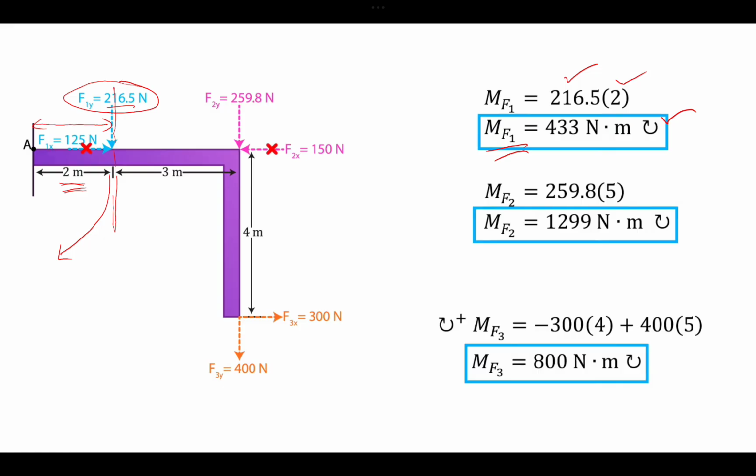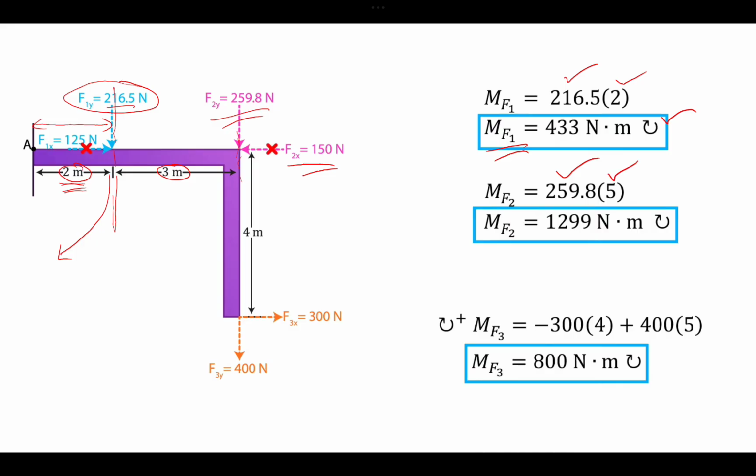Now let's move on to F2. Since F2x has no moment, we take F2y, which is 259.8. Since this is the line of action, its perpendicular distance from point A is 2 plus 3 meters.